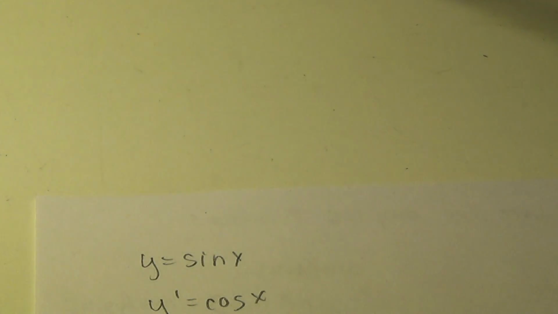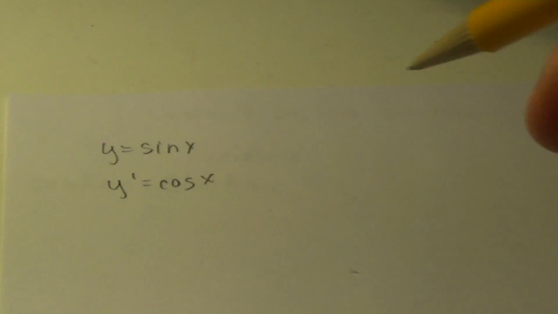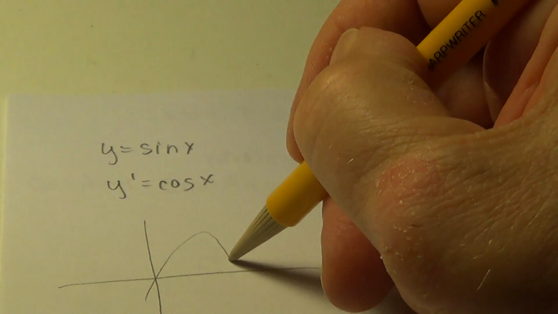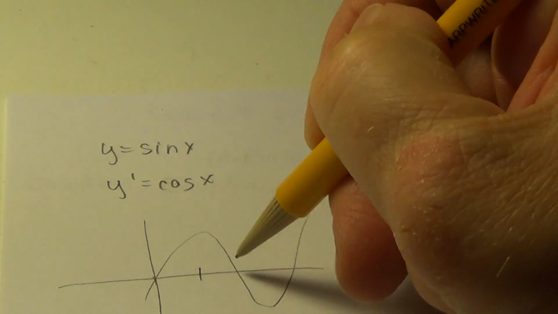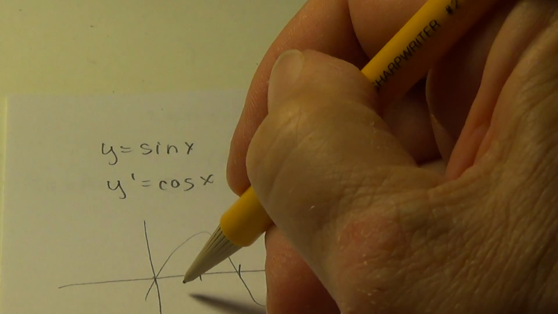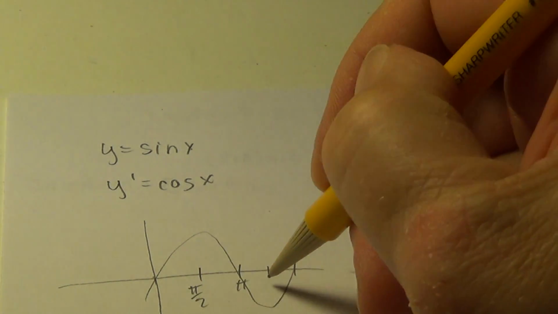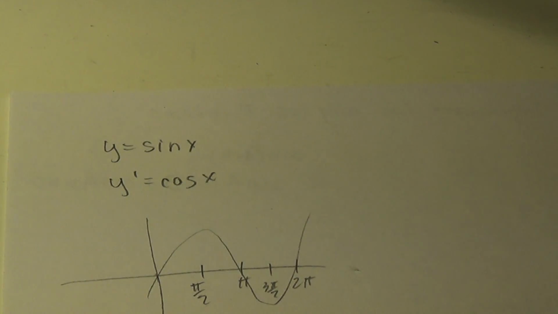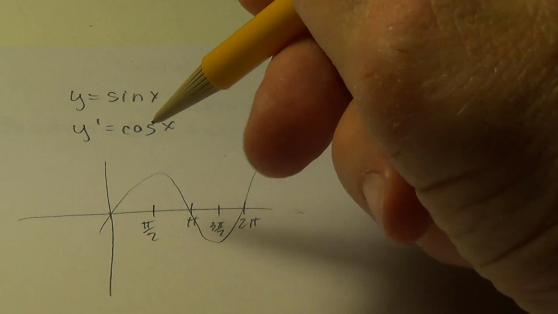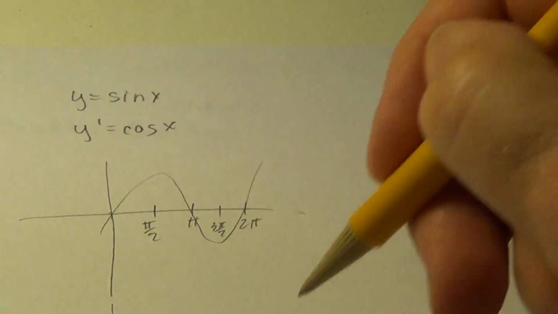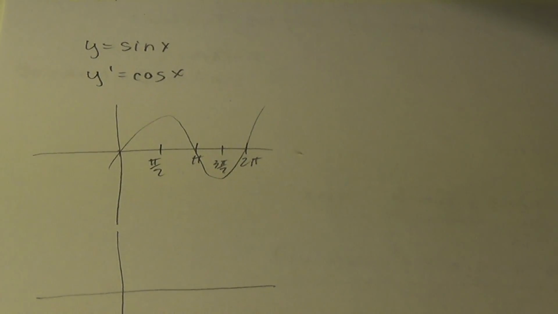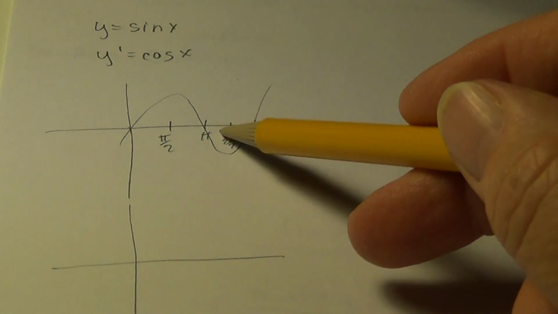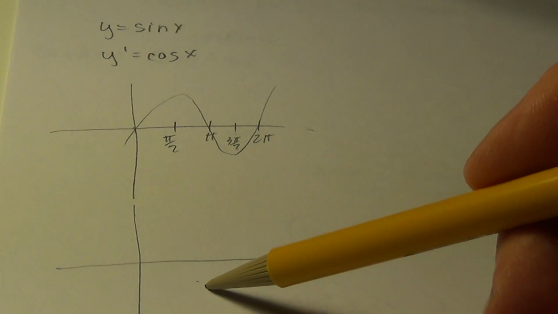So I think you'll see that the graph will bear that out. So let's look at sine x. Alright, when we have sine x, I am going to take a picture of the derivative. So basically I'm going to ask myself, what's the slope doing up here? And I'm going to graph it down here.